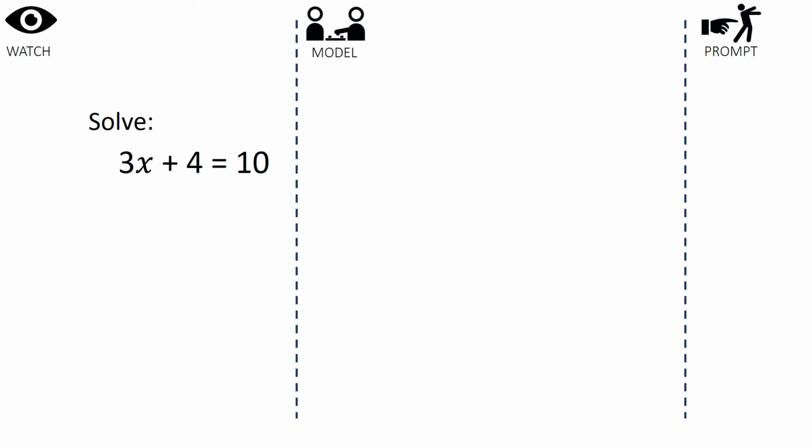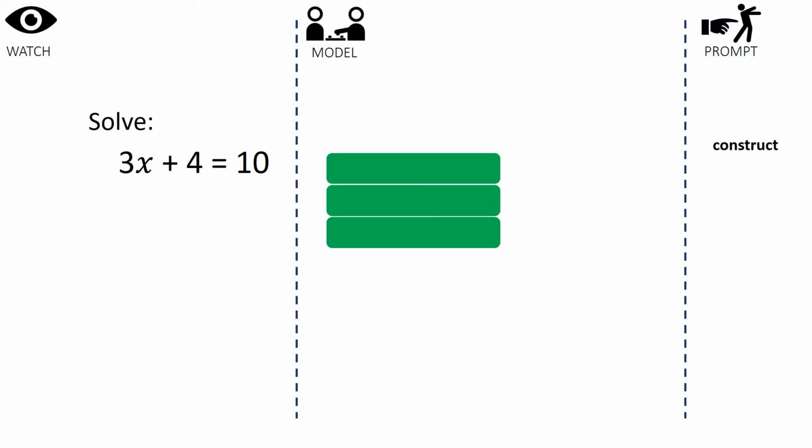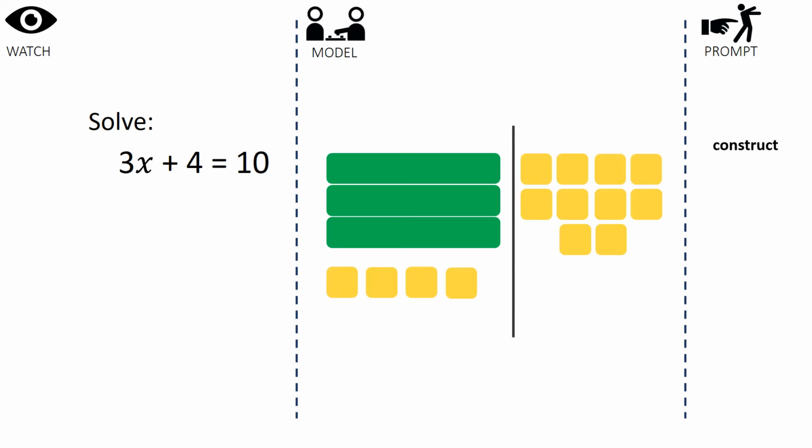So moving that on quickly, this is what we would call a two-step equation, essentially, because there's two steps to be done. Constructing the equation, we have our 3x's, our 4 positives, and that equals positive 10. We would start off by breaking the equation.